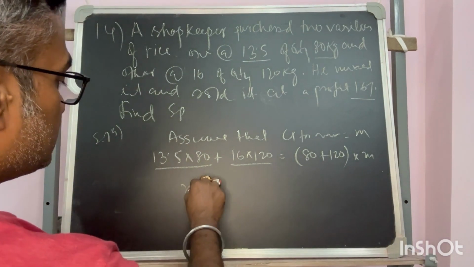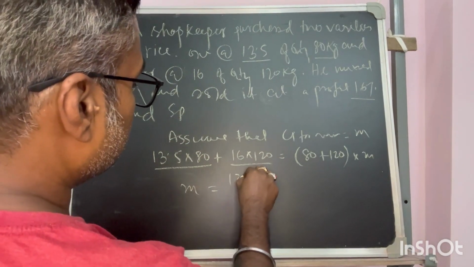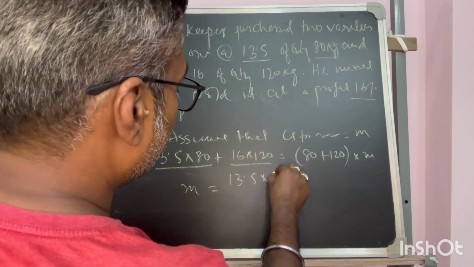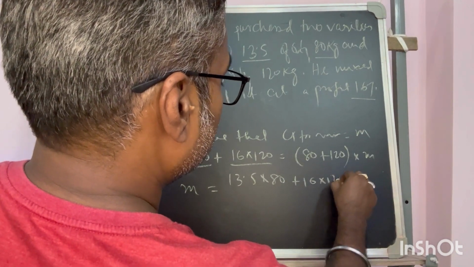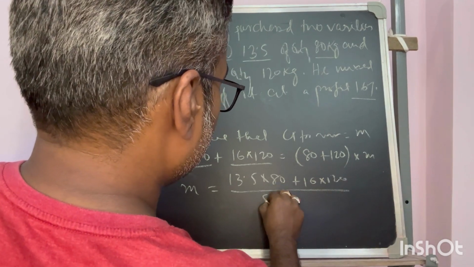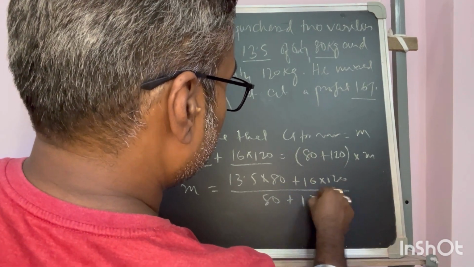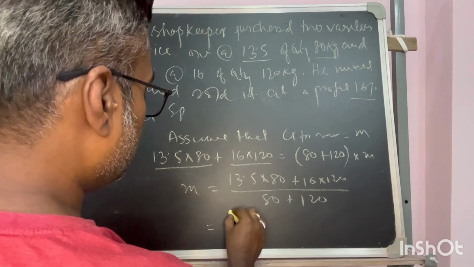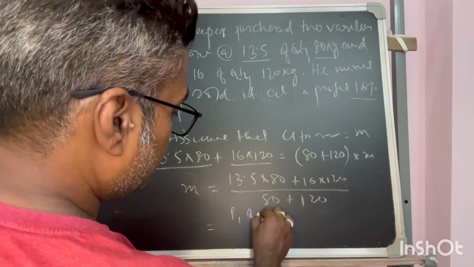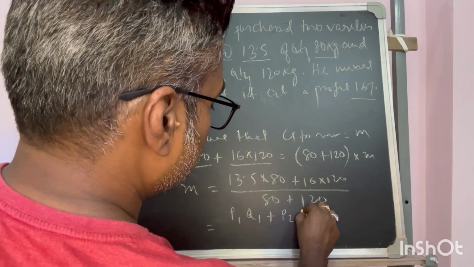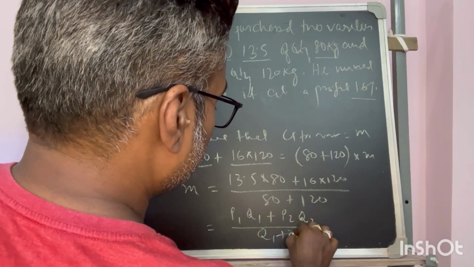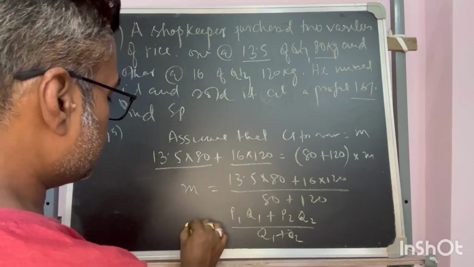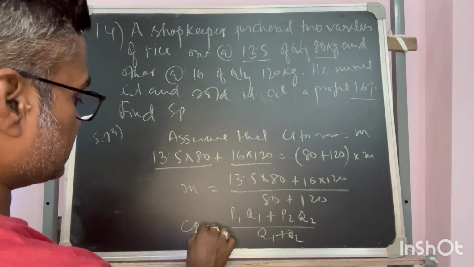So this M can be directly calculated by this formula: price 1 quantity 1 plus price 2 quantity 2 divided by quantity 1 plus quantity 2 will be the cost price for the mixture.